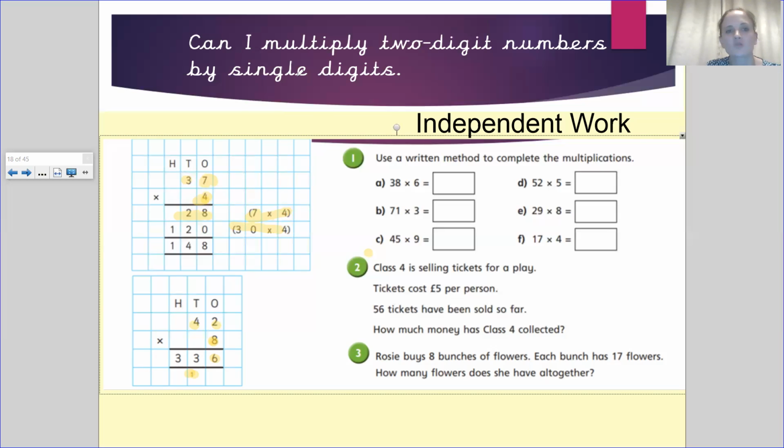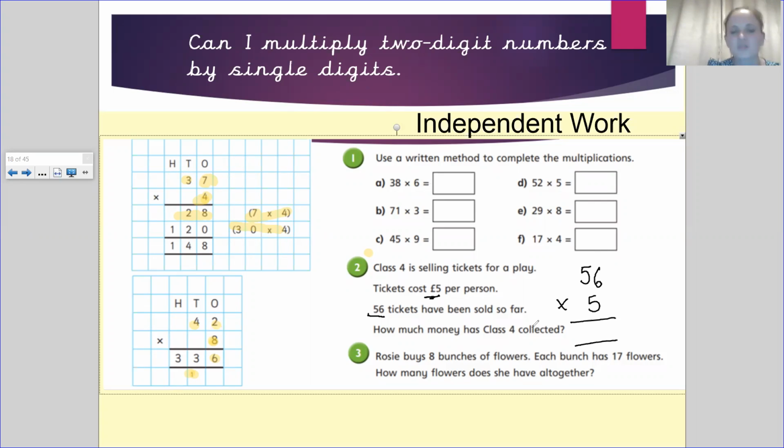So you need to make sure you have got the correct information here. You have got 56 tickets that have been sold at £5 each. So how much money would they have raised? So you will be doing 56 times by 5. You can work that out.